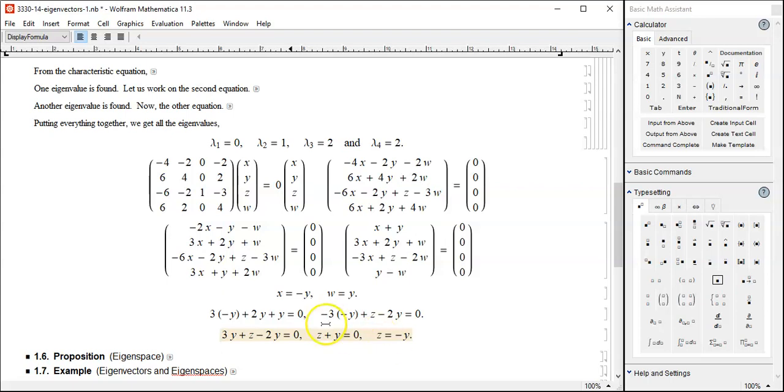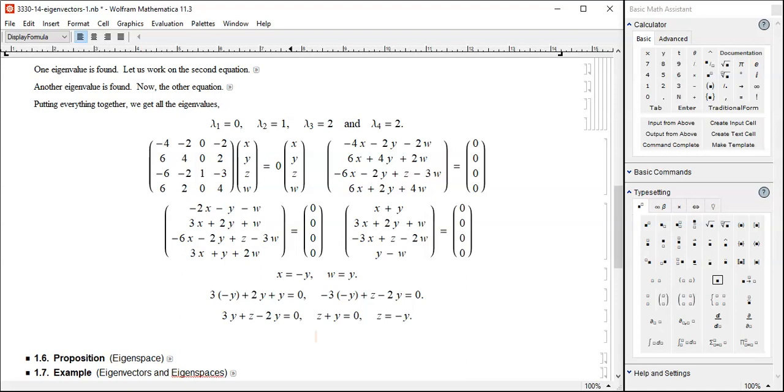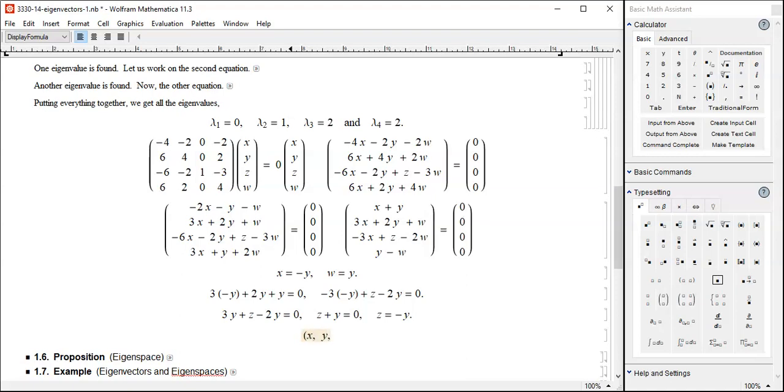Let's check. Unless I made a mistake somewhere. Looks like it's going okay. So x is negative y, y is y, and z is negative y, and w is y. That's what we get.